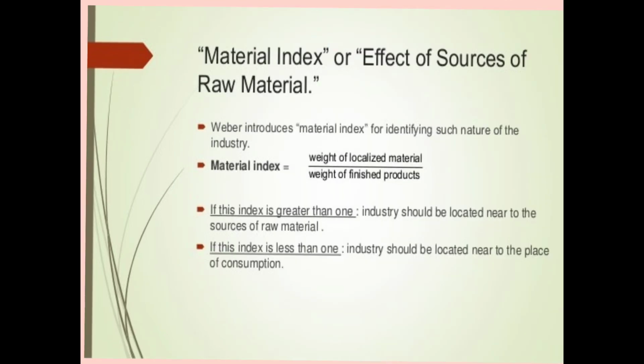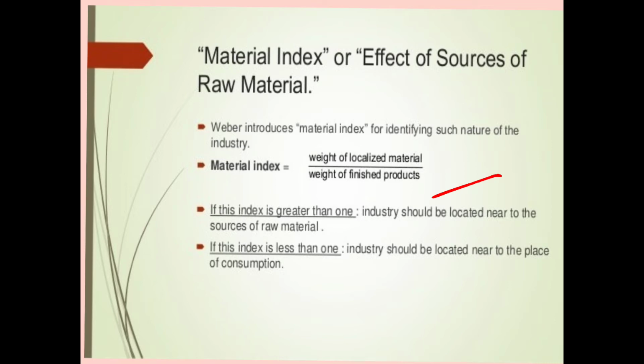Then material industries, or effect of source of raw material. Weber introduced the material index for identifying such nature of industries. That is, material index is equal to weight of localized material divided by weight of finished product. So it is important: material index, weight of localized material divided by weight of finished product.